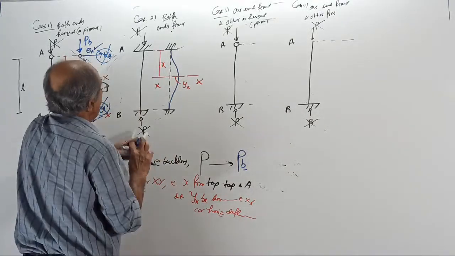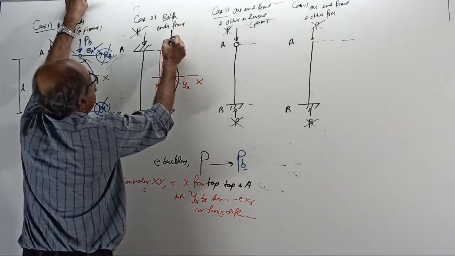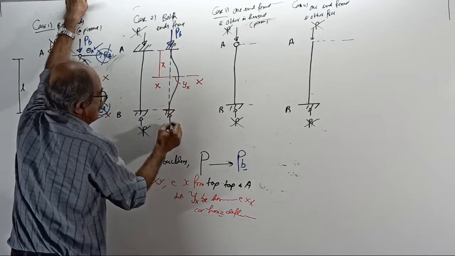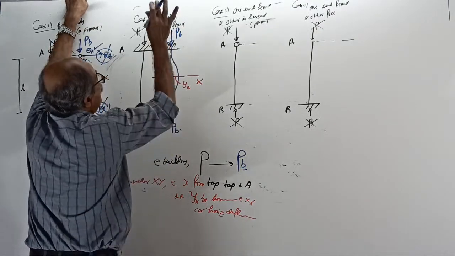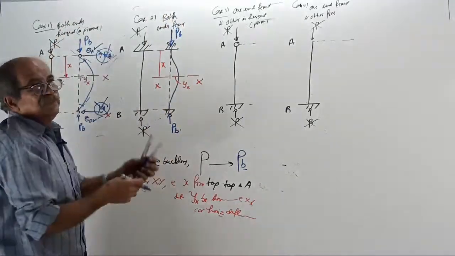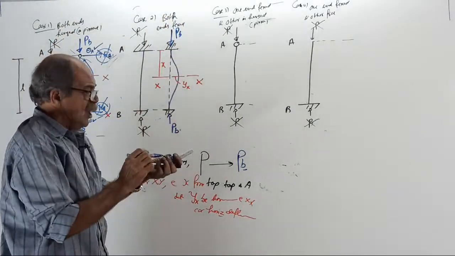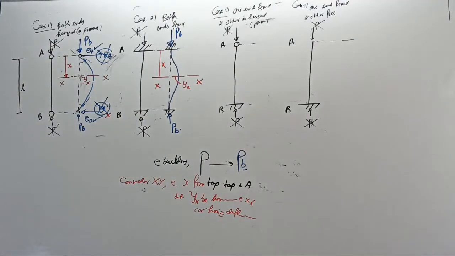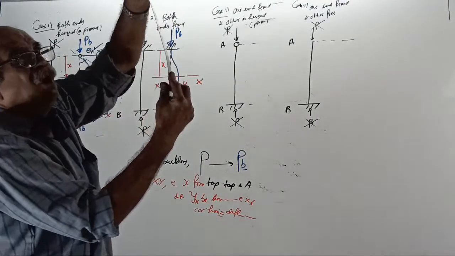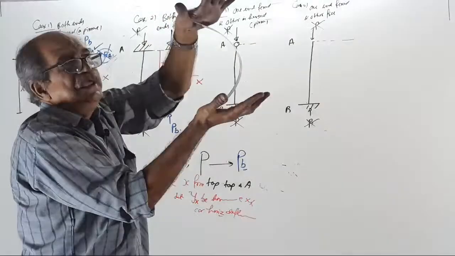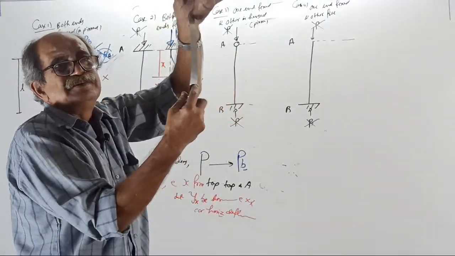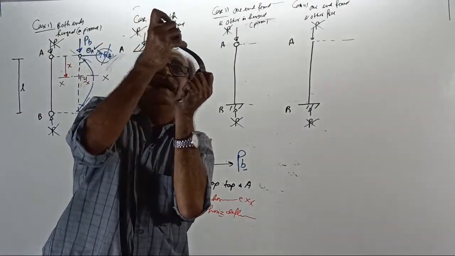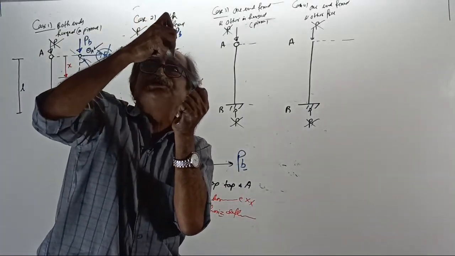Now, when buckling comes, this is PB. See, PB here, PB here. Now, if it is only PB, both are pinned. Now see, both fixed ends means, when the fixed end is there, it cannot allow theta.